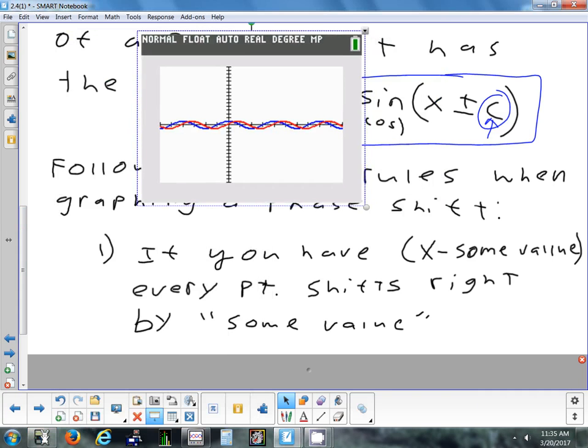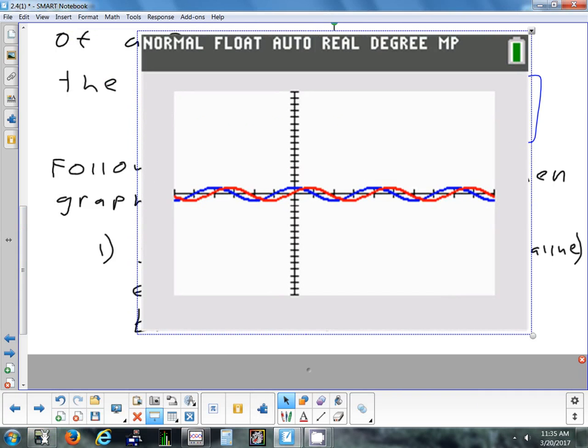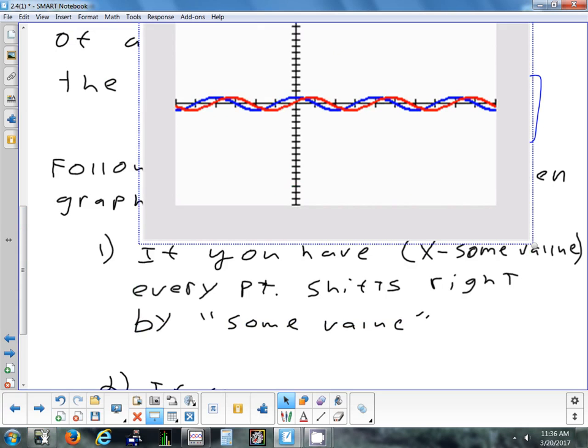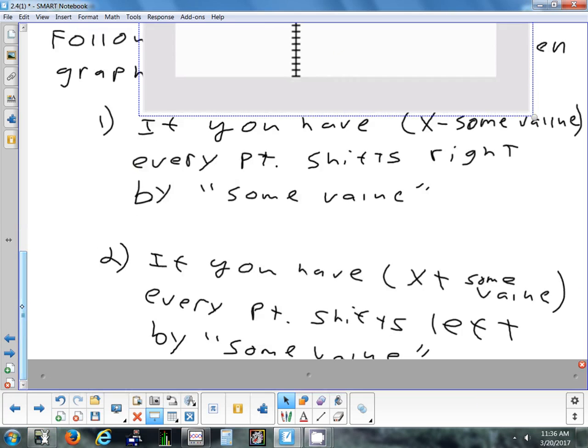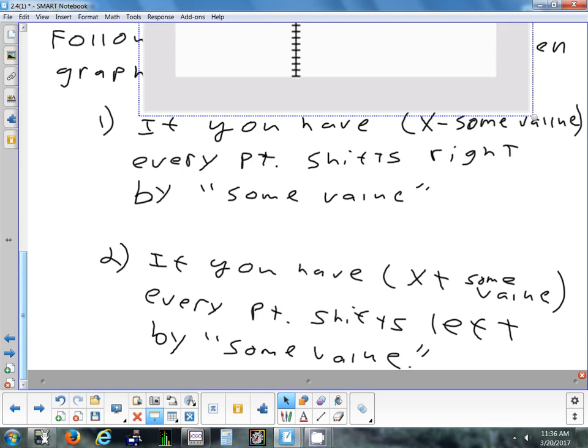If I make it a little bigger, hopefully you can see that the graph in blue is the original. The one in red has been moved to the right. In this problem, it moved exactly 70 degrees. Okay, so then if you have x plus a value, that's going to shift your graph to the left.